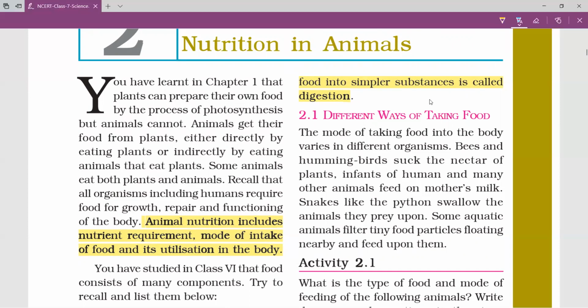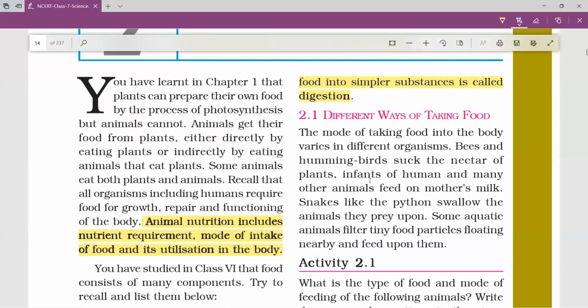Then, all animals do not take food in the same way. The ways are different. Like we chew food: we take food by our mouth, we chew, and then it is pushed into our stomach.